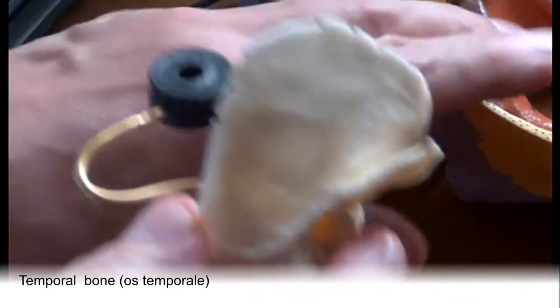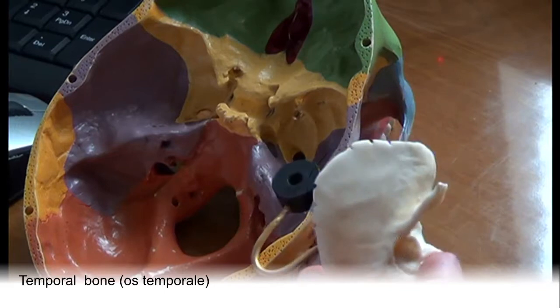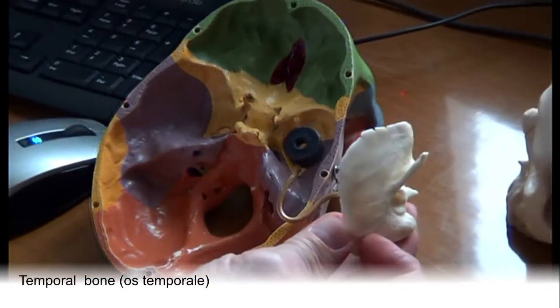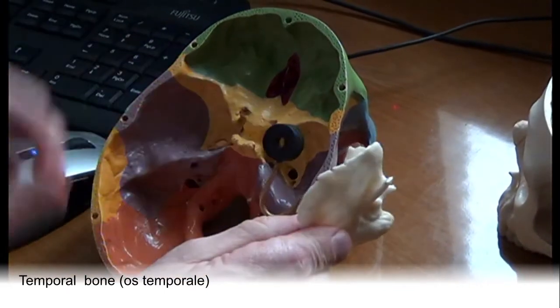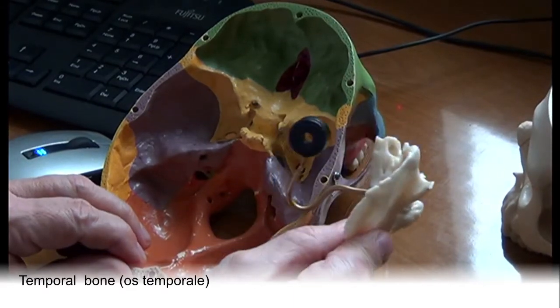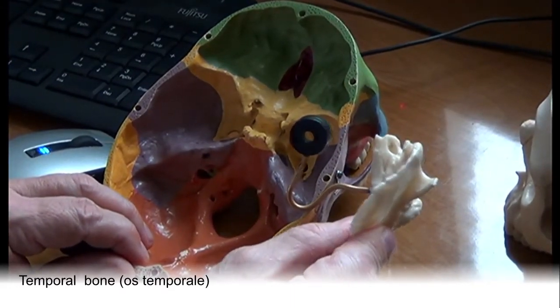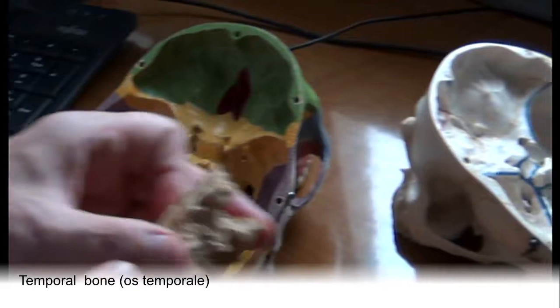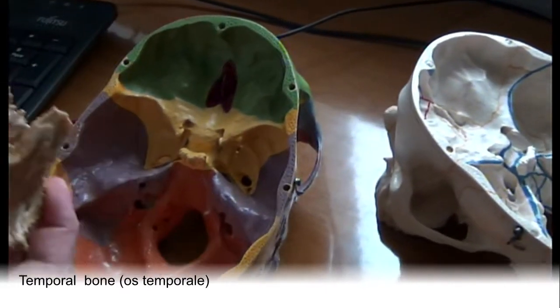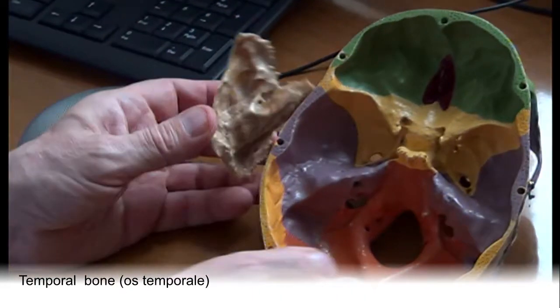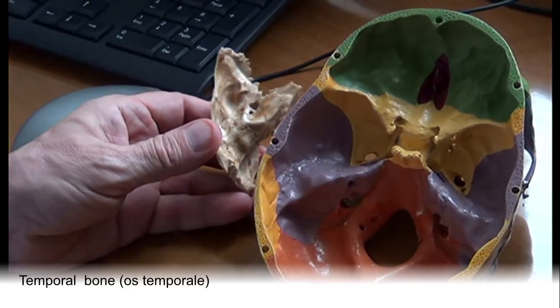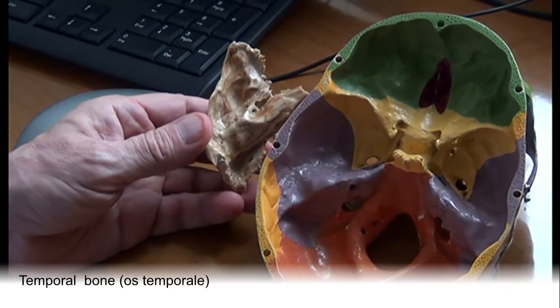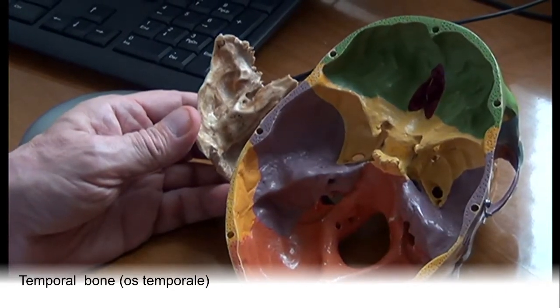I can arrange it according to the skull this way. This way. And this is left temporal bone. I can arrange it according to the skull this way.